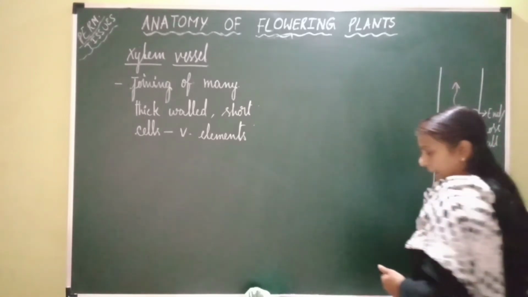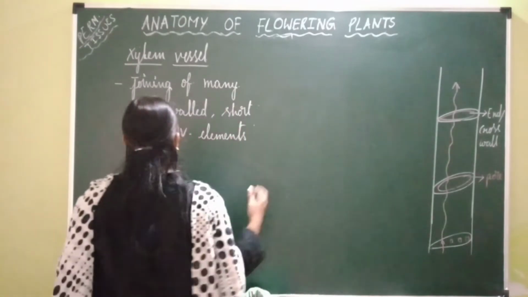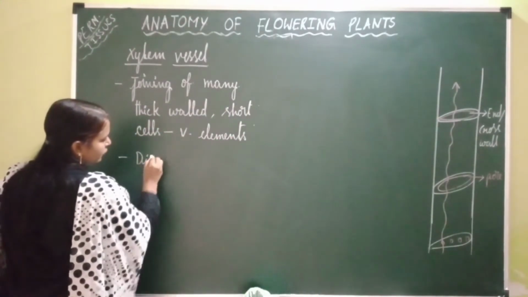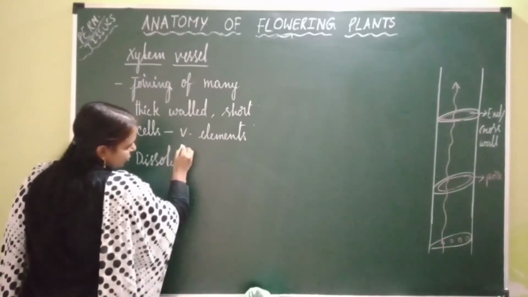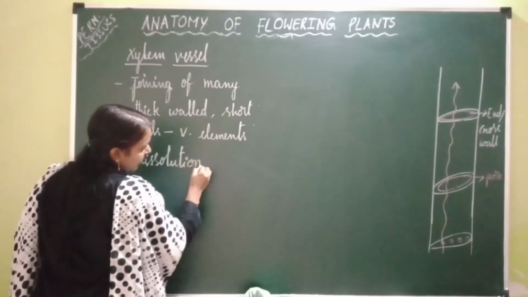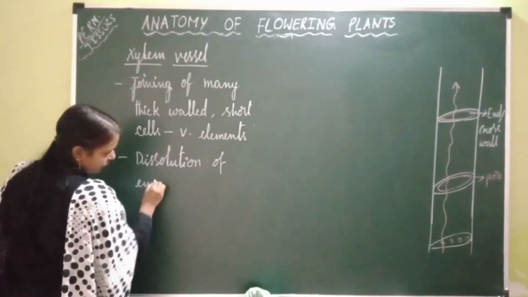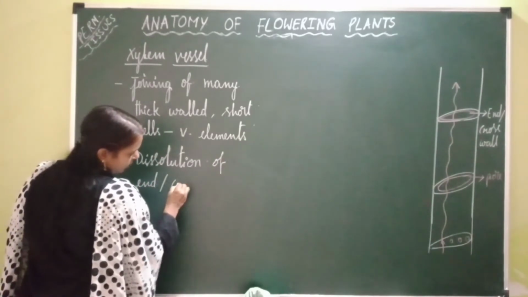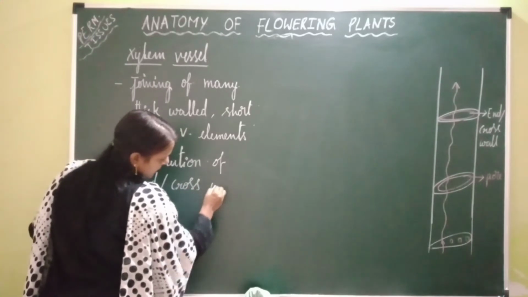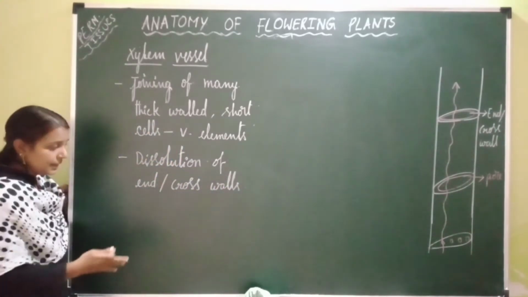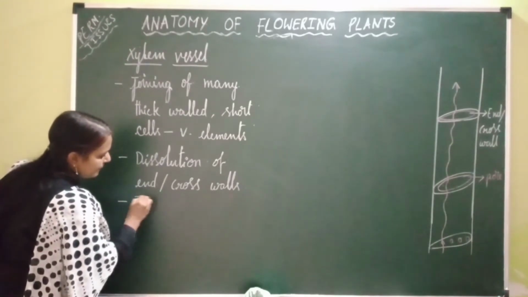So what happens at maturity? Due to the dissolution of end walls or cross walls of the vessel elements present in the vessel, it gives a tube-like appearance.